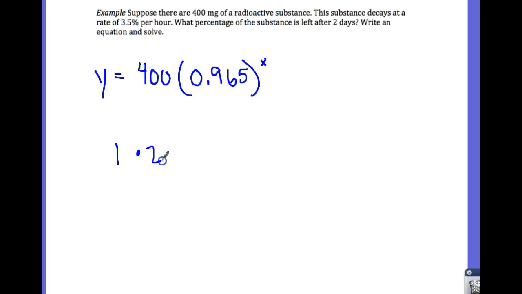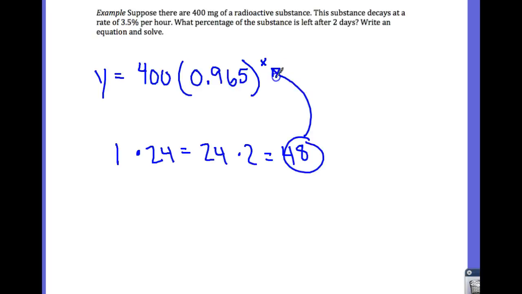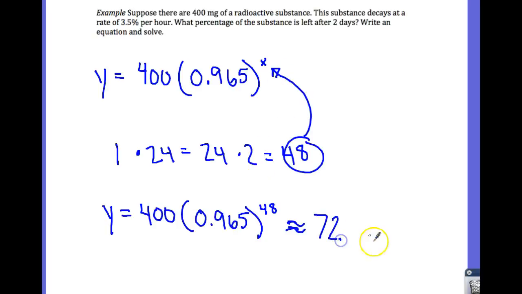Well, there are 24 hours in a day. So 1 times 24. And then it's 2 days, so I need to multiply by 2, and that's 48. Of course, x needs to be 48 in this case for 2 days. And that is about 72.3 milligrams after 2 days.